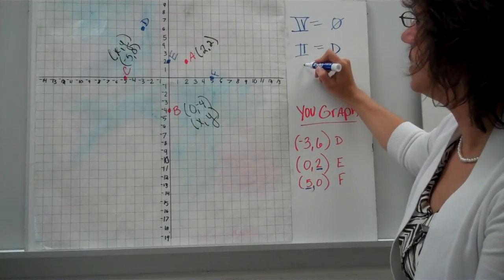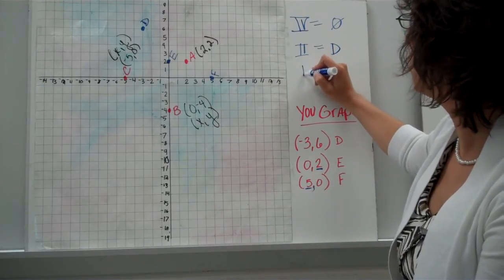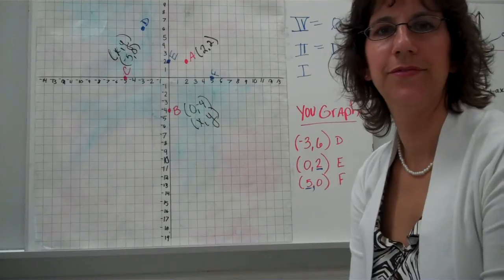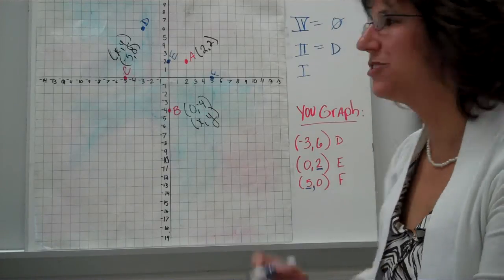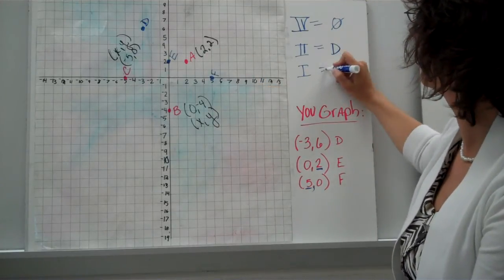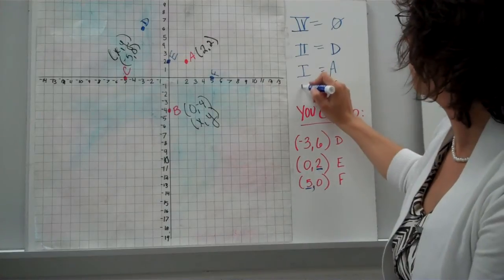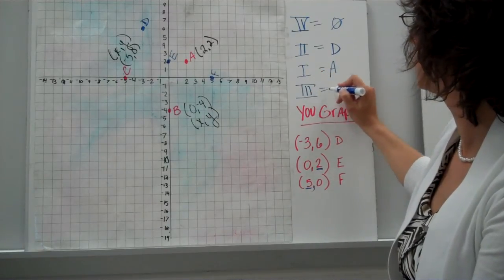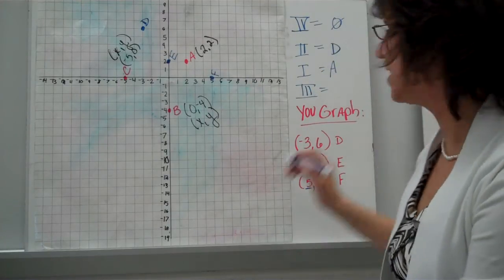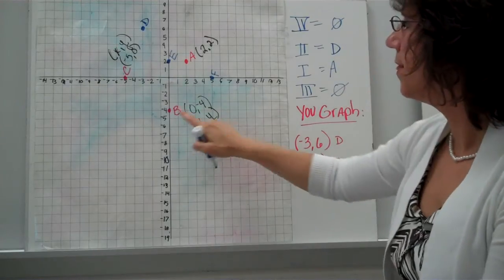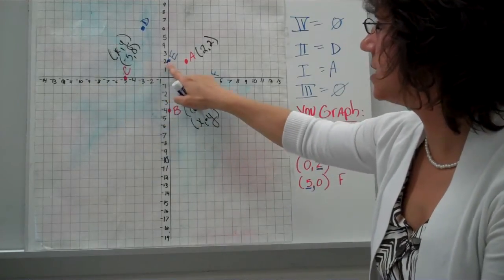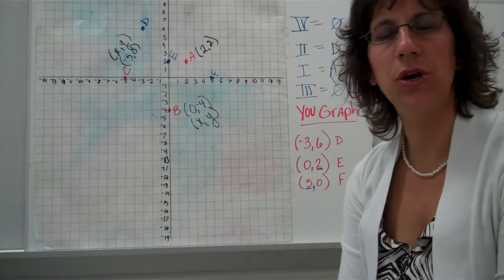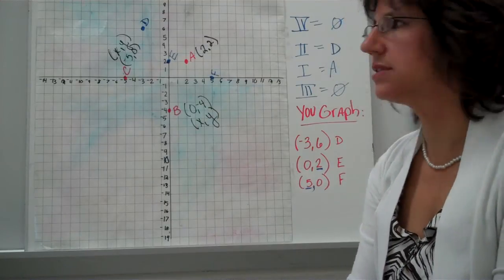Point D. Name a point that's in quadrant 1. Great, that would be A. And quadrant 3. Right, there's none in quadrant 3. These points B, C, E, and F are not in a quadrant, they're on an axis.